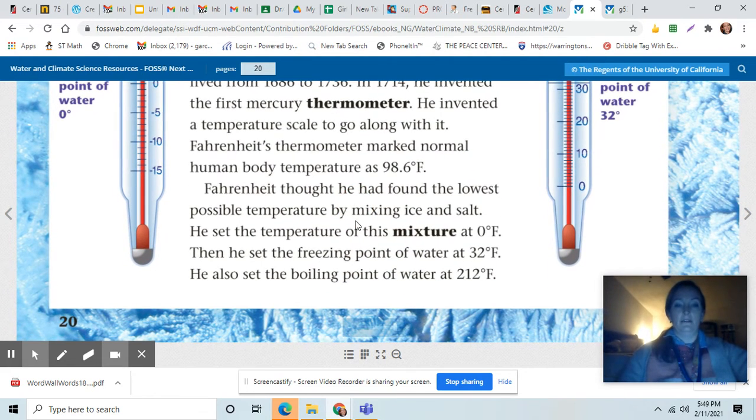Fahrenheit thought he had found the lowest possible temperature by mixing ice and salt. He set the temperature of this mixture at 0 degrees Fahrenheit. Then he set the freezing point of water at 32 degrees Fahrenheit.